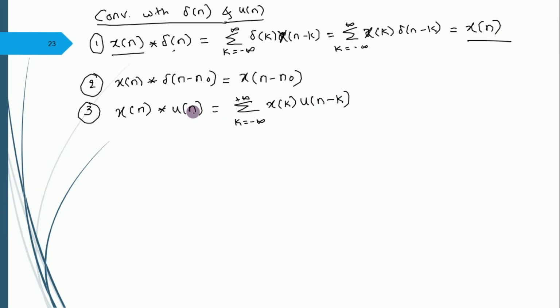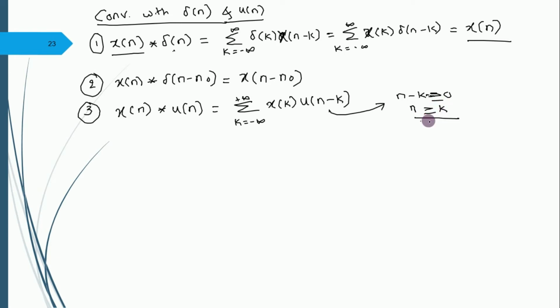For u of n, the step is taken at n equal to 0. Here the step will be taken when this quantity goes to 0. So when n minus k goes to 0, I write n greater than or equal to 0, because equal to 0 or greater, it will continue to be 1. So n greater than or equal to k.